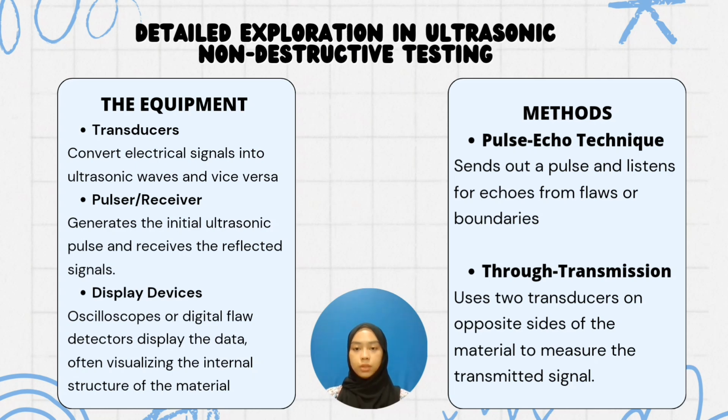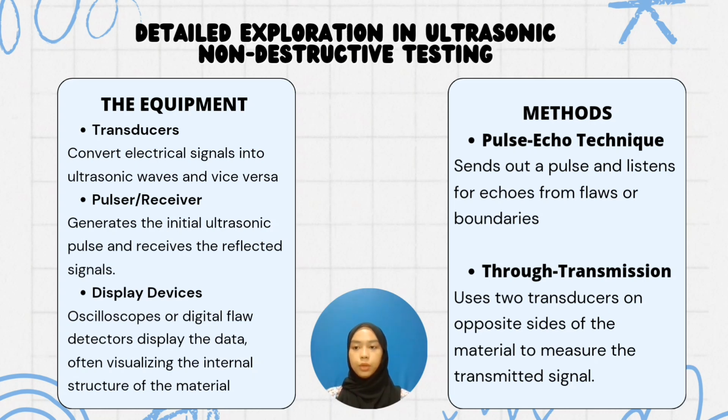While the pulser or receiver generates the initial ultrasonic pulse and receives the reflected signals. Last is display devices. The signals are displayed on devices like oscilloscopes, digital flaw detectors, or phased array systems, which can visualize the internal structure of the material.